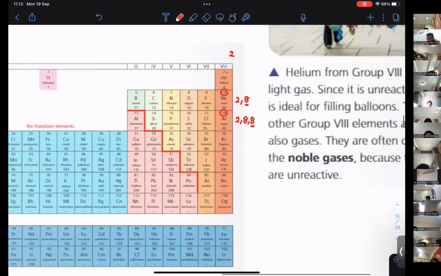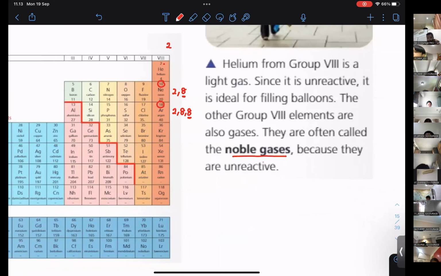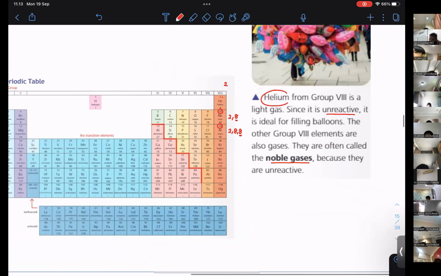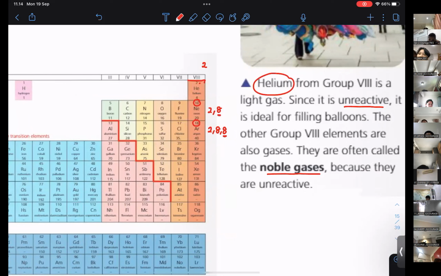Therefore, we call them noble gases because generally all these groups are gases, and they are unreactive. One example is helium. They say helium is a very light gas. It is ideal for filling up balloons. The other group 8 elements are also gases. Therefore, the special name given to group 8 elements is noble gases.